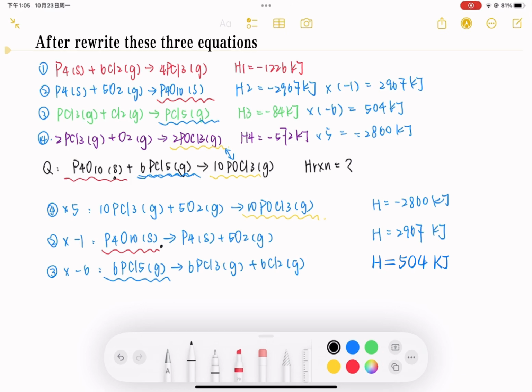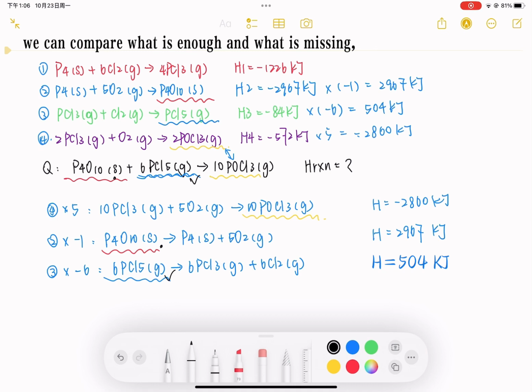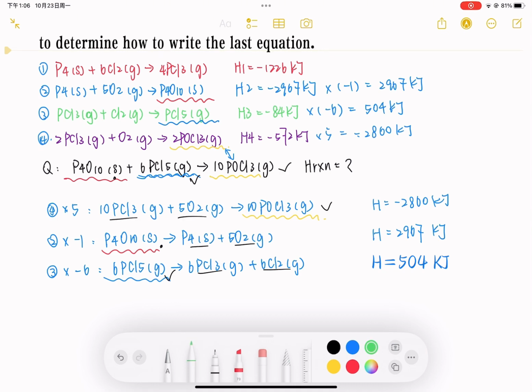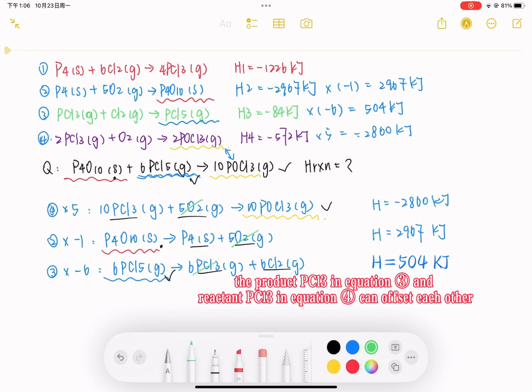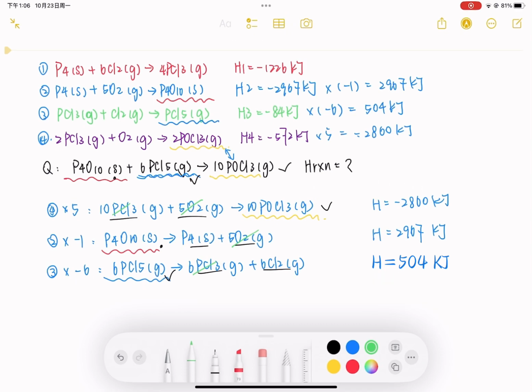After rewriting these three equations, we can compare what is enough and what is missing to determine how to write the last equation. The product and reactant can offset each other. 6 PCl3 and 10 PCl3 can offset each other, and there are still 4 PCl3 left. So in equation 1, we need 4 PCl3 as products to offset.